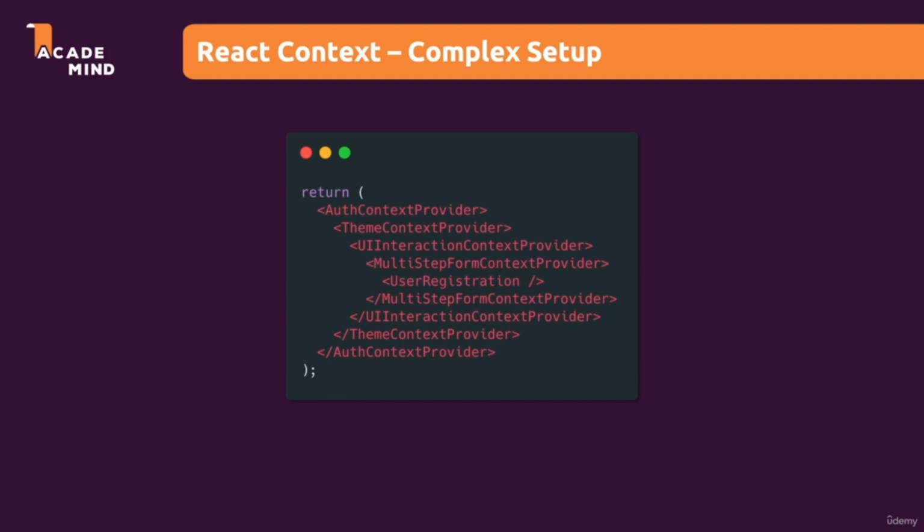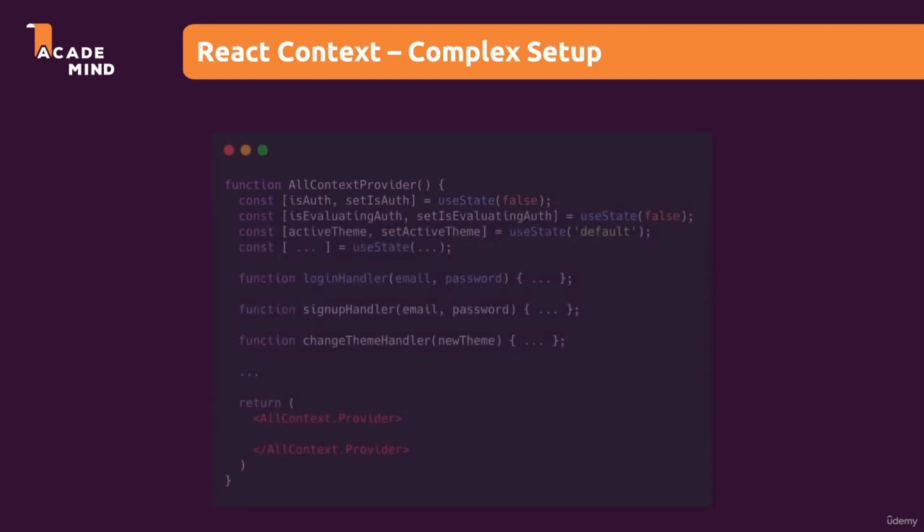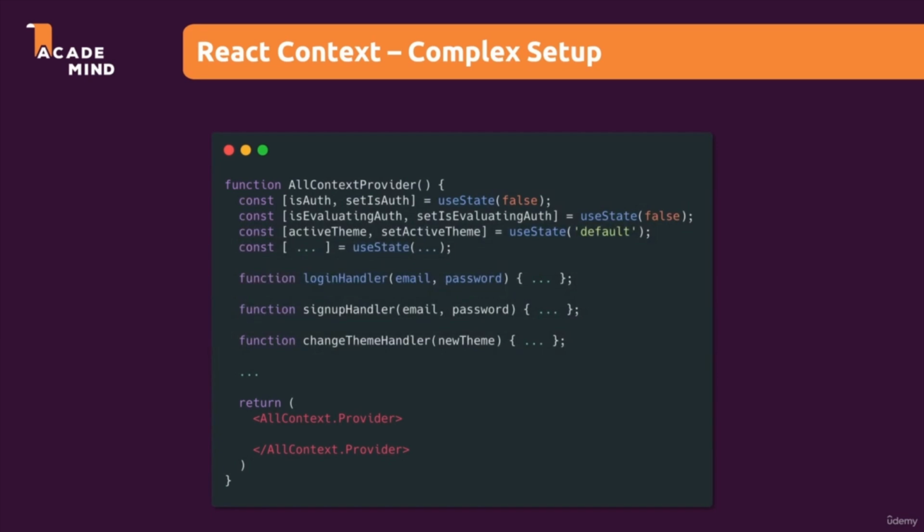Of course, you don't need to build a lot of different context providers though. You could just use one big context and one context provider component for managing the entire state and all the different kinds of state of your application. But that could lead to a large context provider component which manages a lot of different things and therefore itself becomes quite difficult to maintain and manage because it's doing a lot of things.